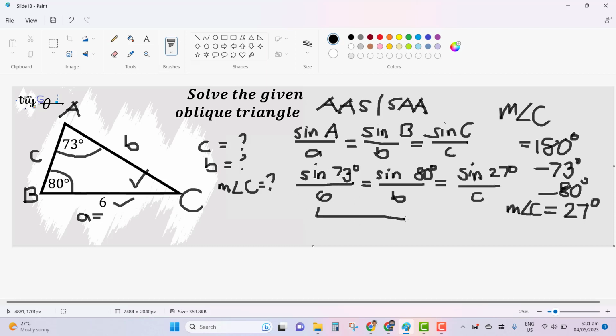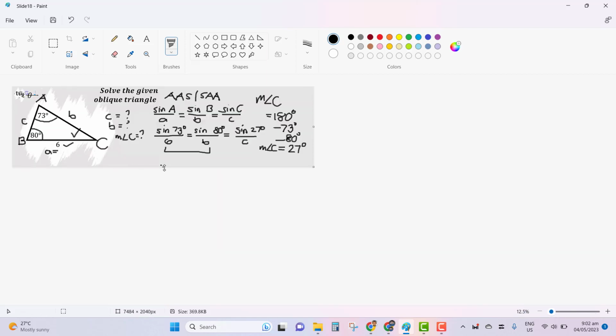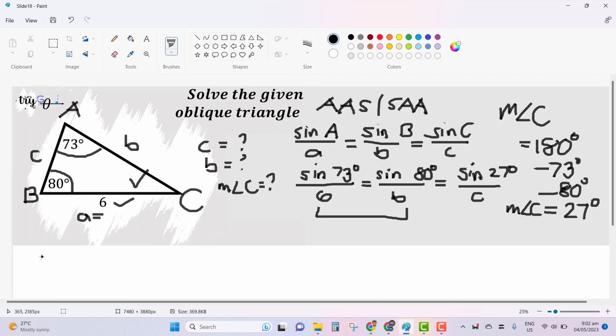So we will be pairing this first to solve for B. Let me increase the portion of this area for more computation. So let's try to solve side B first by pairing that.